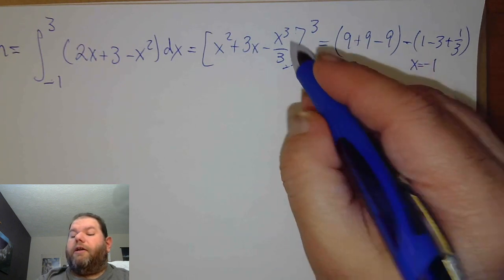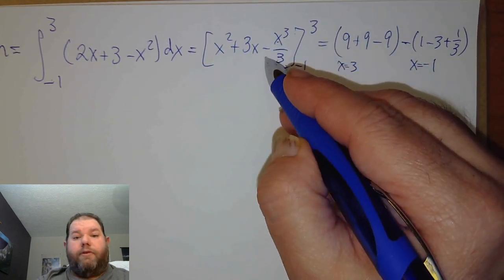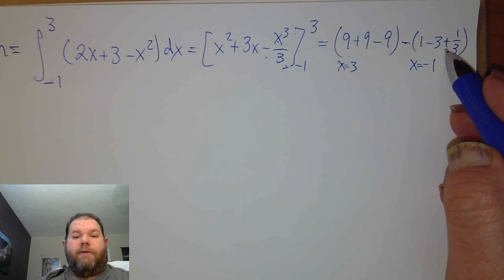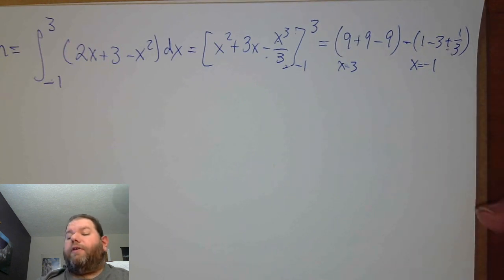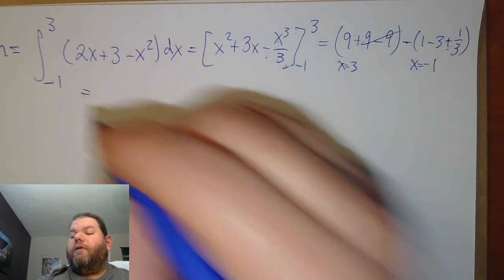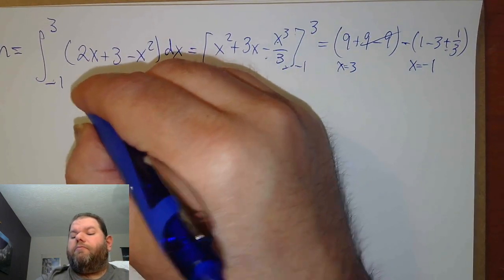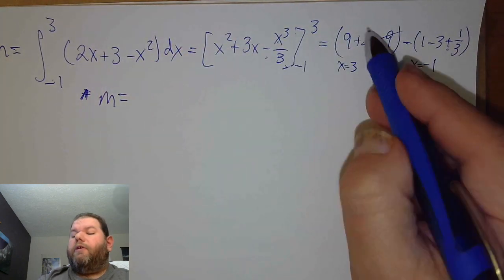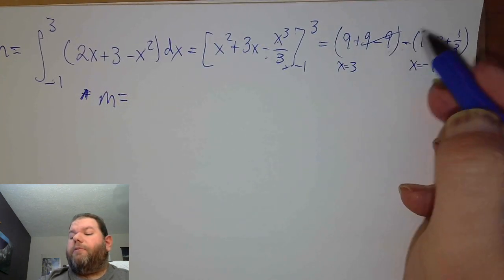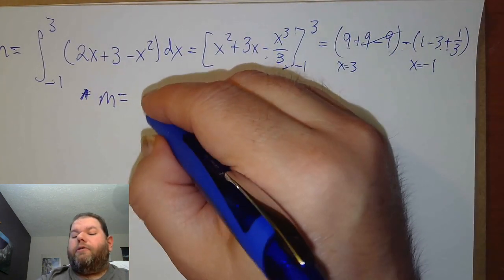So if we plug in a negative, we have 3 negatives and then a fourth negative. So 4 negatives make a positive. Putting that together, we know 9 minus 9 cancels. So we're going to have m equals, so we have a 9 minus 1 plus 3 minus 1/3.